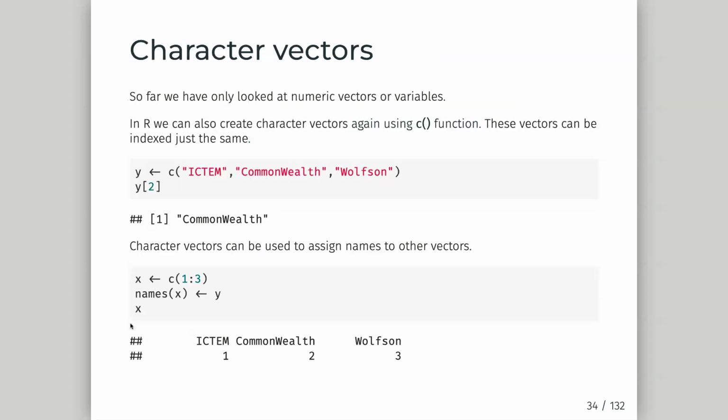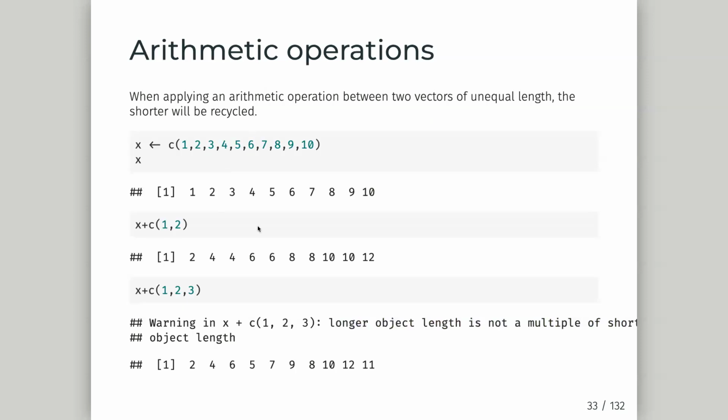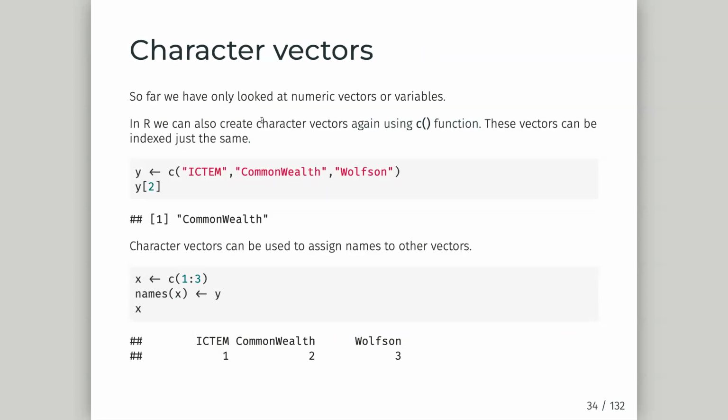So we've looked at numeric vectors. Hopefully they act roughly like we might expect. We can also create character vectors. Okay, we can't create mixes of the two. We can't create a numeric and a character vector in the same thing, and that's because it doesn't want you to get into situations where you're going to try and add numbers and strings together. So if we want to, we can create a vector of strings.